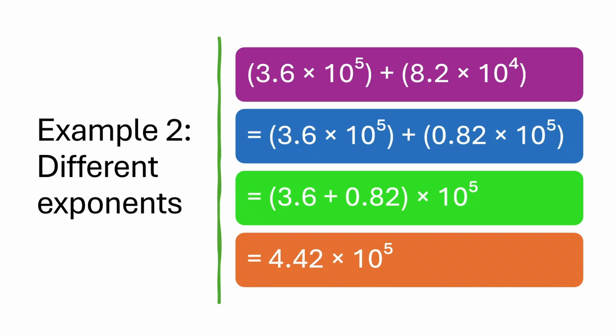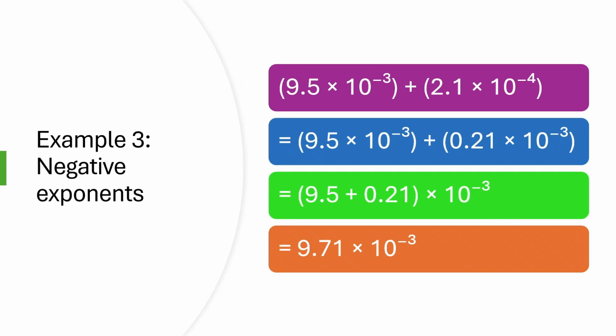We're just going to retain 3.6 times 10 to the 5, and the 8.2 becomes 0.82 times 10, and then we change the exponent to 5. Now that the exponents are the same, we can simply add the coefficients 3.6 and 0.82 and copy the base and the exponent. So we have the final answer, 4.42 times 10 to the 5.